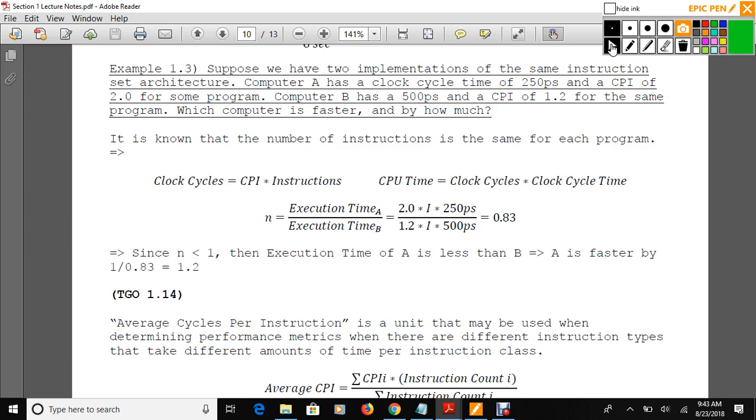So in this specific case, in 1.2, I have a different architecture that requires 1.2 times as many cycles for a specific program to execute. But because I'm running the clock speed twice as fast, I'm still gaining a performance improvement. But instead of 5, as you were asking earlier, it becomes 6, just because of the trade-offs.